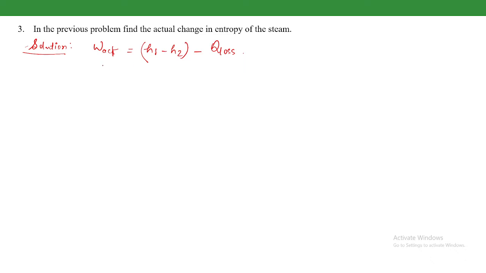This is just the energy balance, where point 2 denotes the actual exit point, not the isentropic exit point, the actual exit point of the turbine.